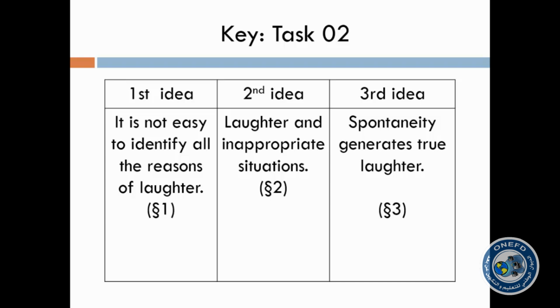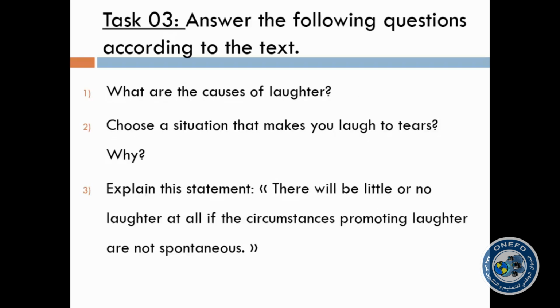Laughter and inappropriate situations is the second idea related to paragraph 2. And finally, spontaneity generates true laughter in paragraph 3, which is the third idea. So, since we have tested your level of understanding, let's test it in a deeper way.